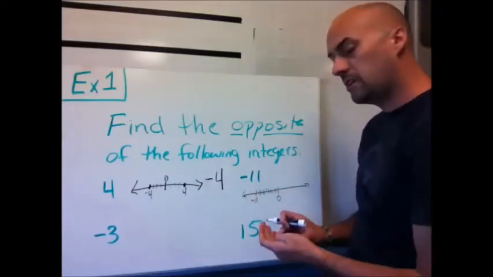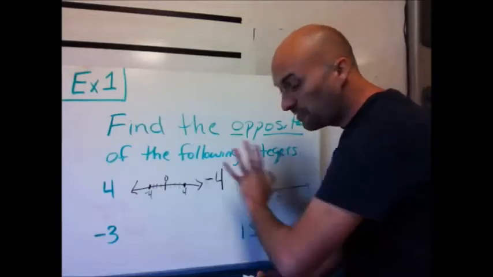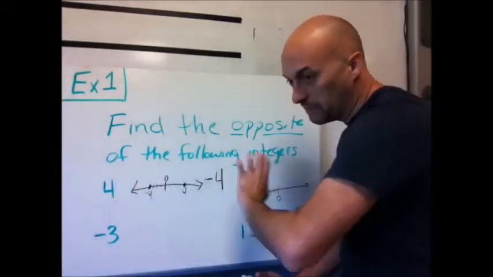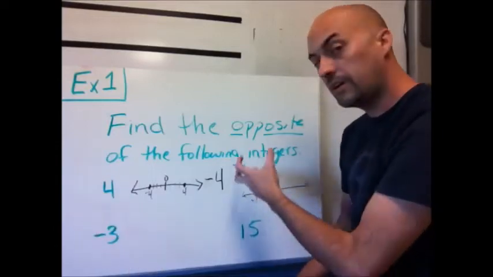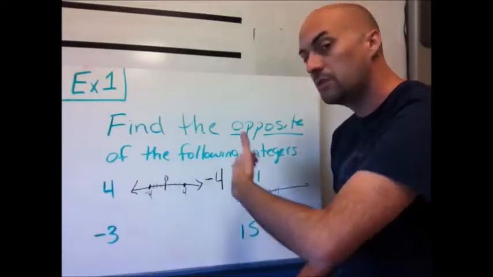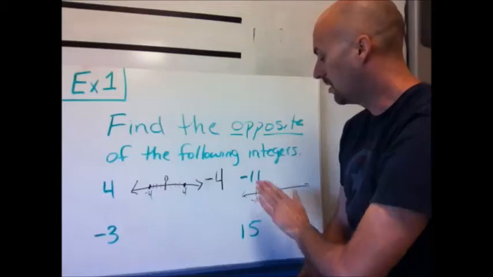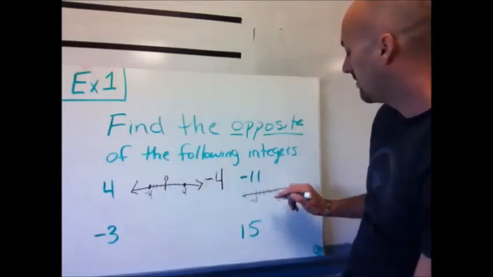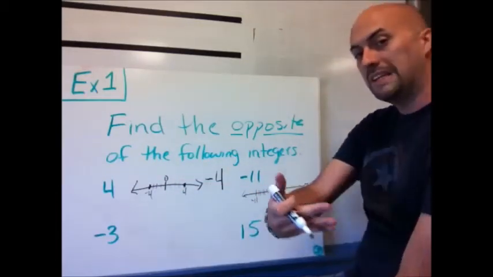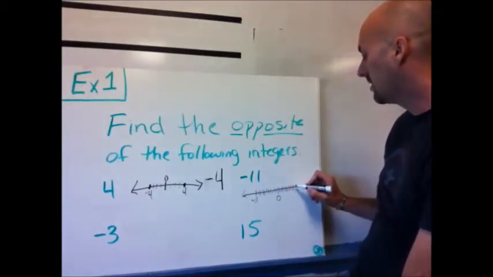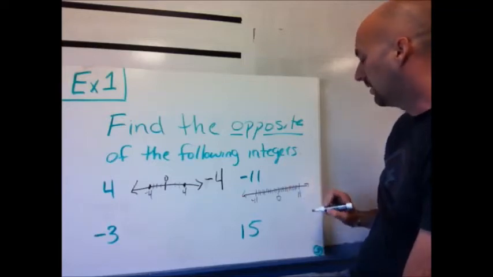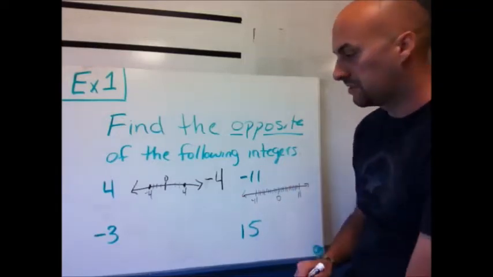While we're talking about that too, the further left I go, the smaller the number. So if you look at numbers on a number line, if it is to the left, it's the smallest number. But we want its opposite, so we want equal distance from 0. So we're going to go back the other way from 0. 1, 2, 3, 4, 5, 6, 7, 8, 9, 10, and there's 11. Equal distance from 0.